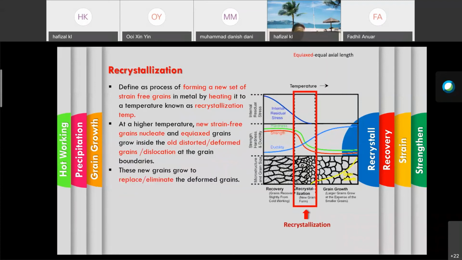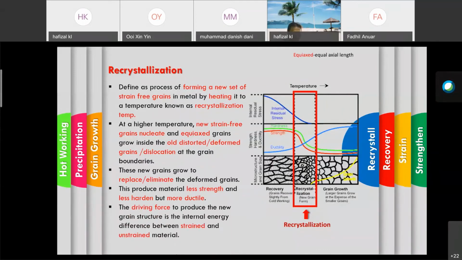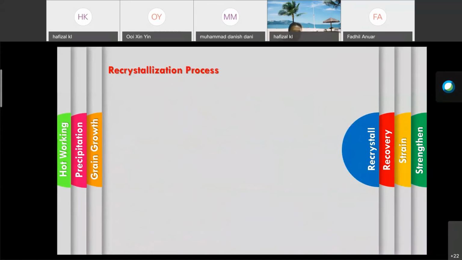In this case, the new grains grow and eliminate the deformed grains. At a certain temperature, finally we go for grain growth. For the recrystallization process, new grains form as very small nuclei and replace the parent material.